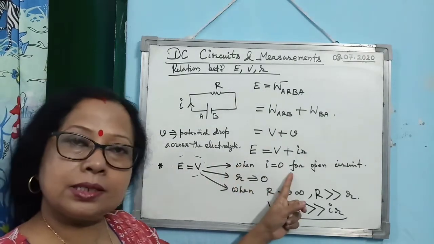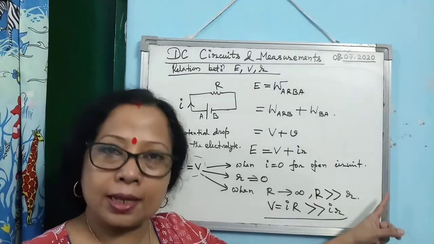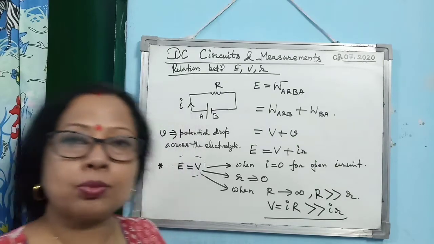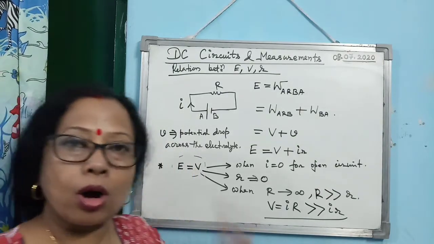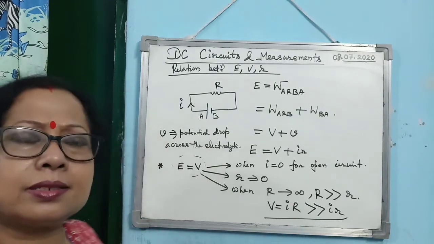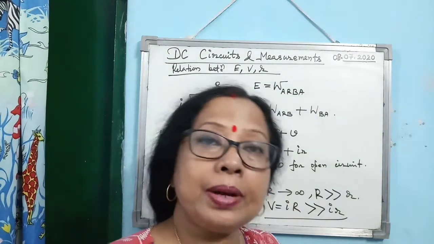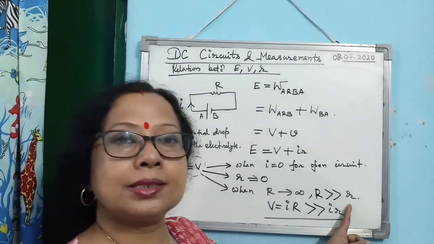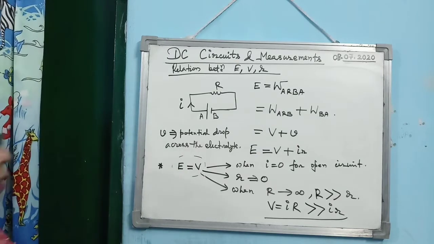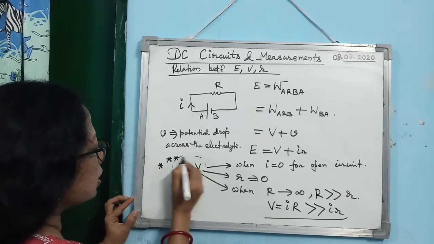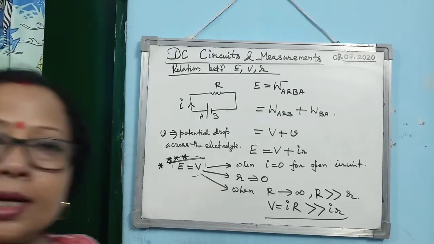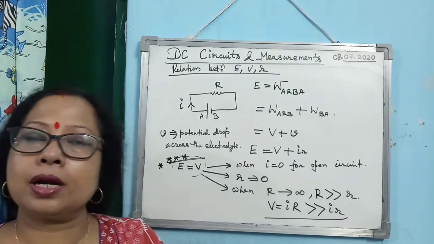That when current is 0, meaning the cell is in open circuit, or the internal resistance of the cell is negligibly small, then also E equals V, or if the external resistance tends to infinity, meaning external resistance is very high in comparison to the internal resistance, then also one can say EMF is equal to terminal PD. This is an important concept, an important point. So you must learn and remember this, under which condition EMF and terminal PD become equal.